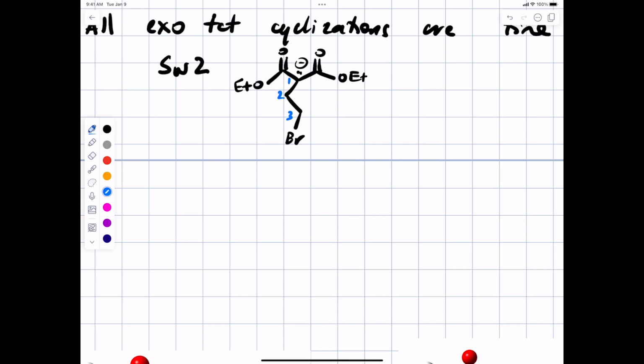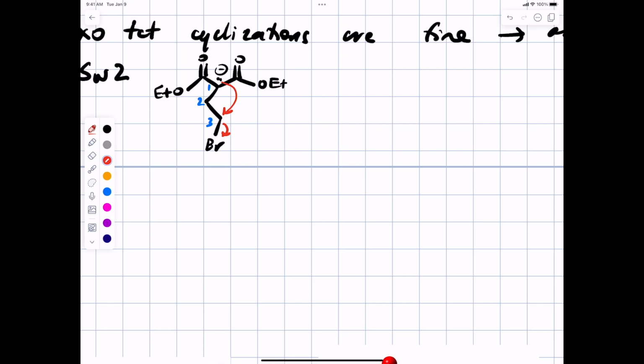You've got a leaving group within 3 carbons. Okay. So hybridization of the atom being attacked, that's the one that has the leaving group. That's sp3, right? So that's a tet cyclization. There are 3 atoms in the ring that's being formed.